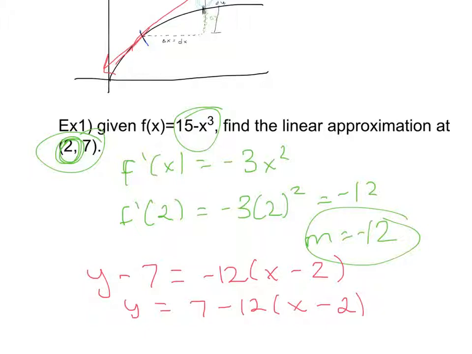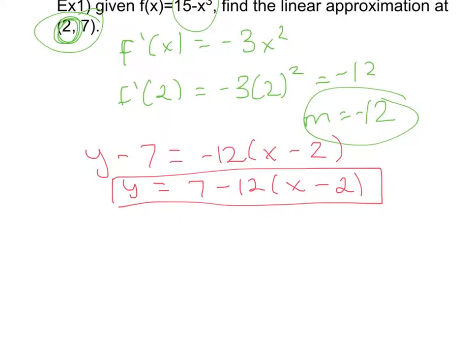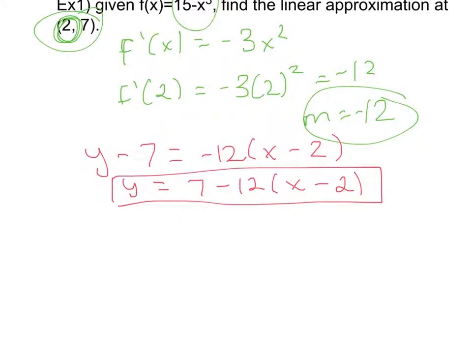What's important to notice about this answer is that the form it's in gives us some very valuable pieces of information. For example, the 7 right here is f of 2.